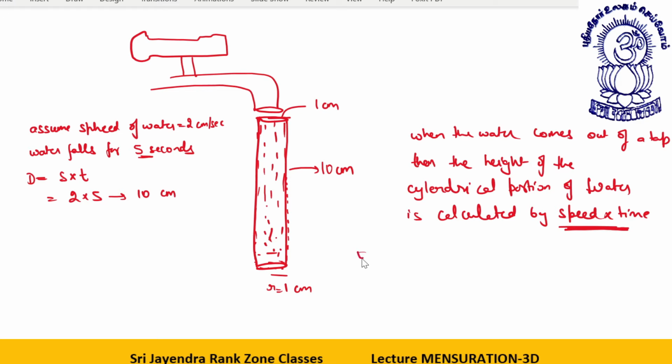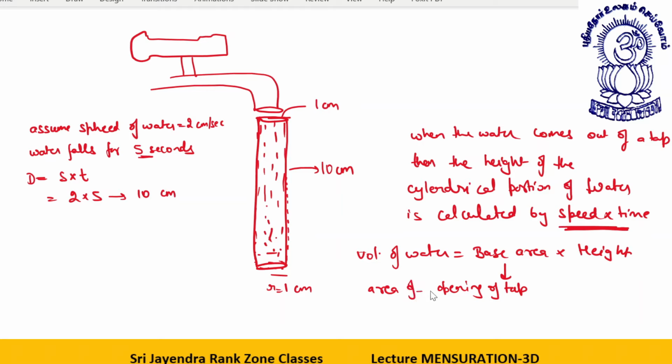What is the volume of water? Volume of water is base area into height. What is the base area? This base area is actually the opening of tap.